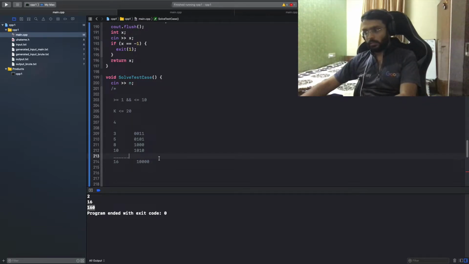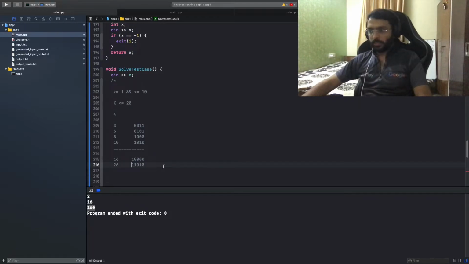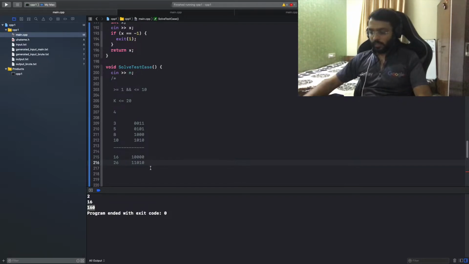yeah, this is the initial case. So if I'm taking XOR of 16 with 10, I get 1 over here, and the remaining digits I will get as they are. So 1 0 1 0. 1 XOR 0 is 1, and so on. So this is actually 26. Similarly for others, ultimately I will get 16 plus 10.